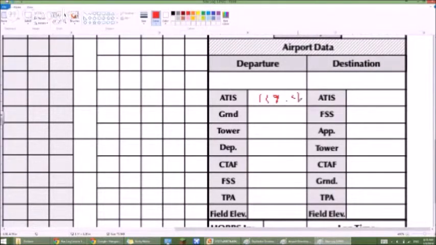And that's coming from a departure point, which you said was Grand Forks. And that's our ATIS from our departure point, which was Grand Forks. So KGFK would go right here.